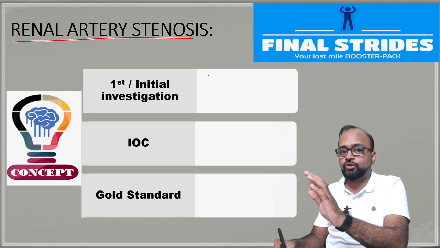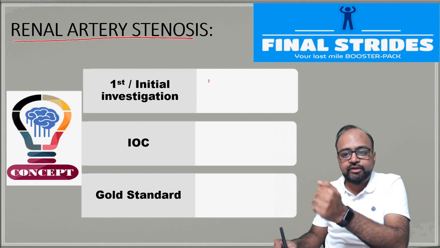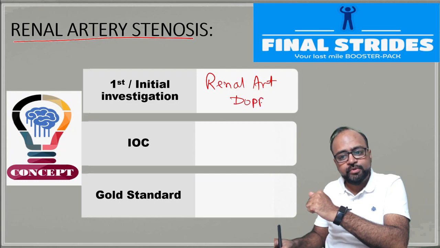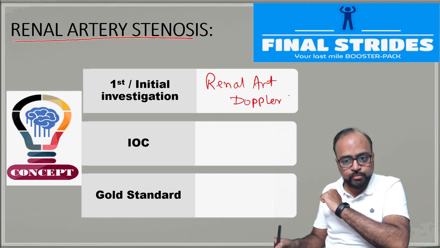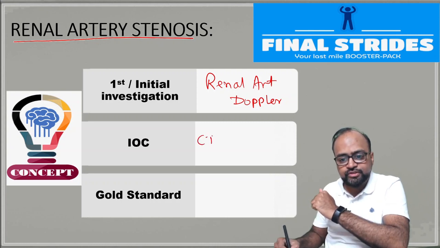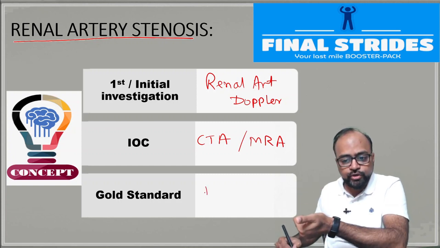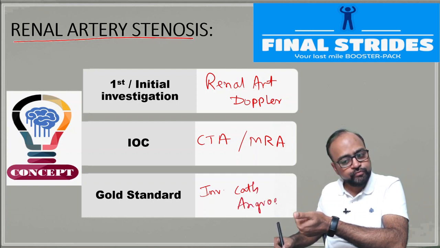For any vascular abnormality, duplex scan. So in evaluation of the kidney, it is called renal artery Doppler. That is nothing but a duplex scan, that is a B mode evaluation of the kidney along with Doppler. Investigation of choice is CT angio or MR angio. CT angio is usually preferred. Gold standard is going to be invasive catheter angiography, right?